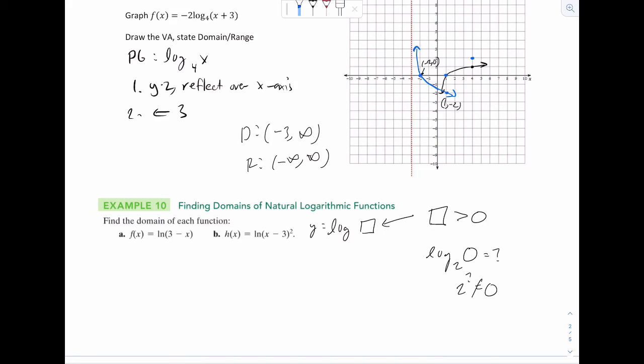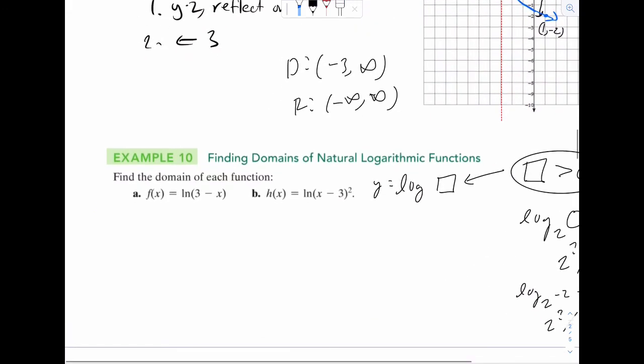Or if this were like -2, that also can't be done because you can't raise a 2 to a power and get -2. So because of that, this is your key to figuring out the domain of a log.